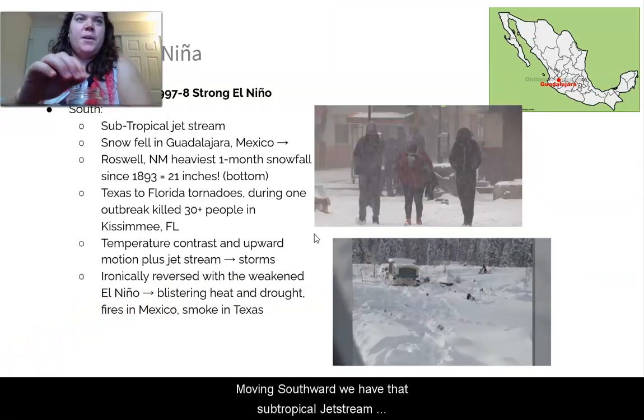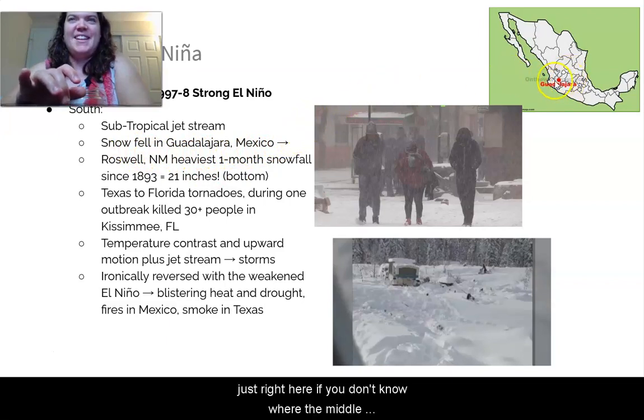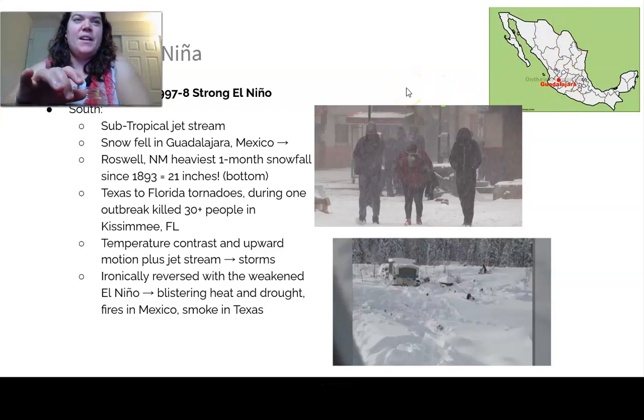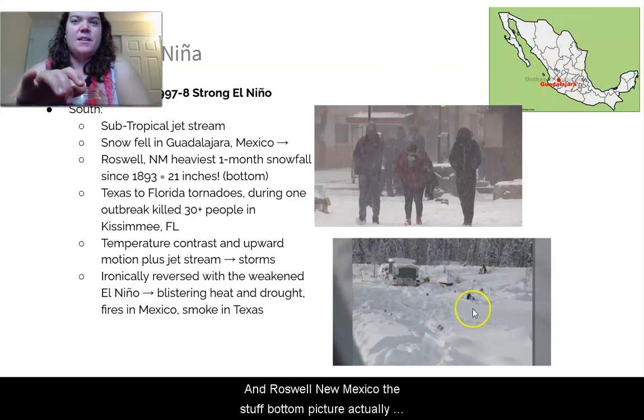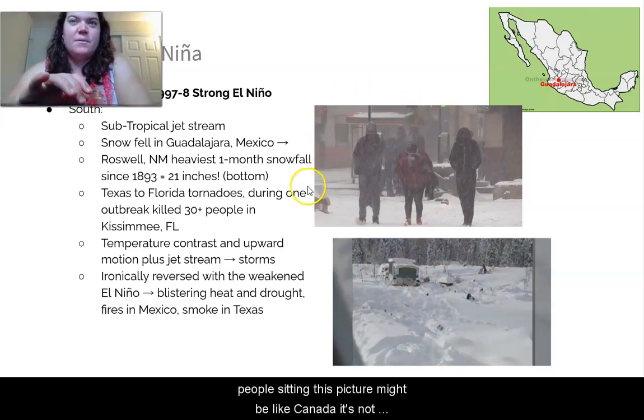Moving southward, we have that subtropical jet stream that's set up. So snow actually fell in Guadalajara, Mexico, which is right here if you don't know. So kind of the middle bottom of Mexico, right? And Roswell, New Mexico, this bottom picture, this is the snow falling in Guadalajara, Mexico. So people seeing this picture might be like, oh, that's Canada.